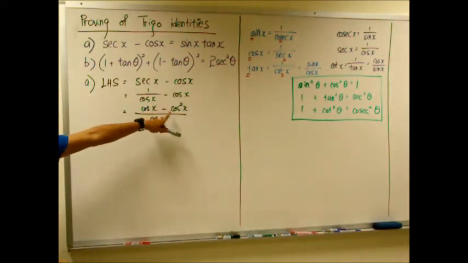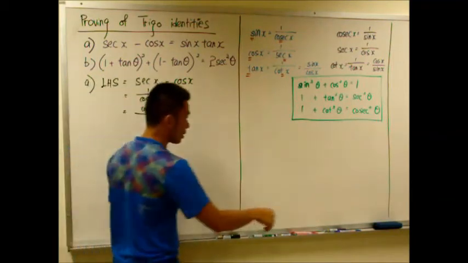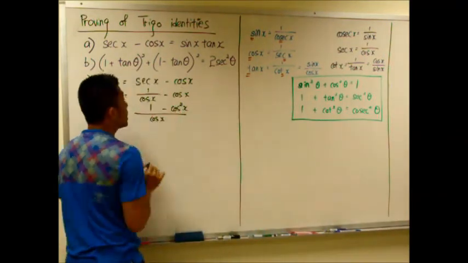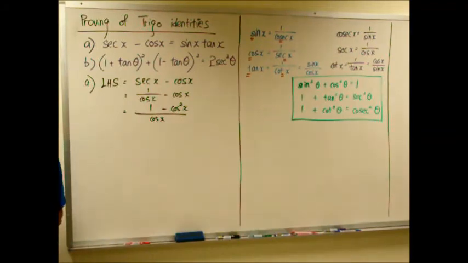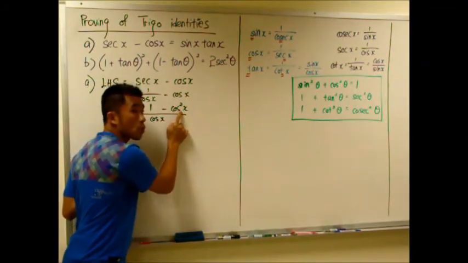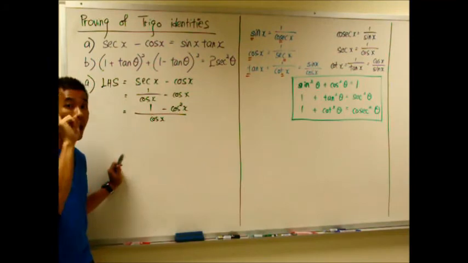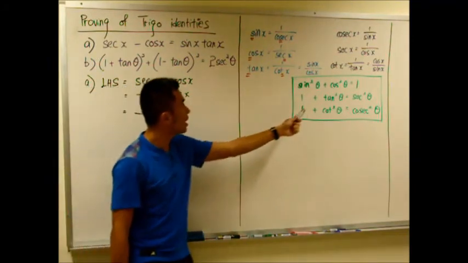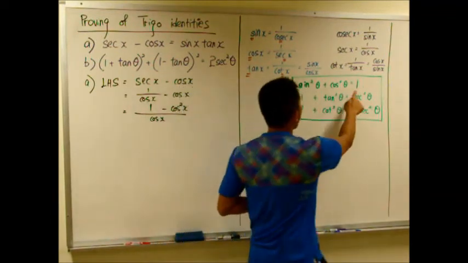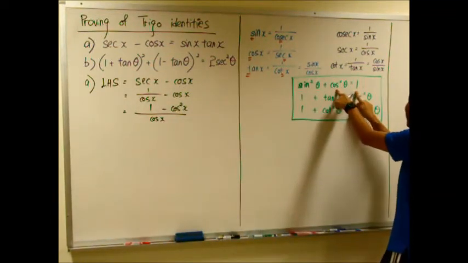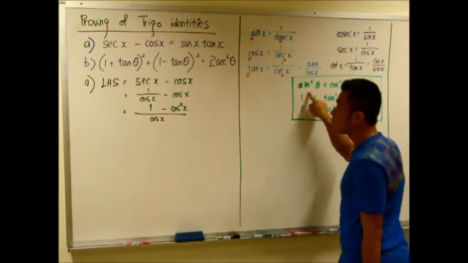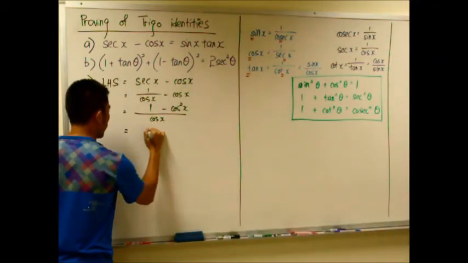Alright, this will be what you have. Now, see, there is a square term here. Remember, it's always very useful for you to refer to the formula sheet. Let's take a look over here. 1 minus cosine square. In this case, we'll be able to derive sine square.